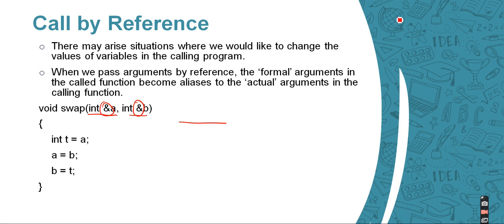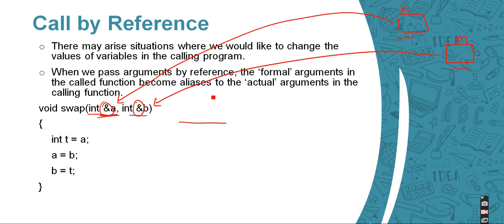So suppose in my memory location I have already created variables called k and m. Now this address operator will ask for some address to be passed. So I will pass the address of k inside a, and the address of m inside b. Now this will go to that address and search for whatever value is there.